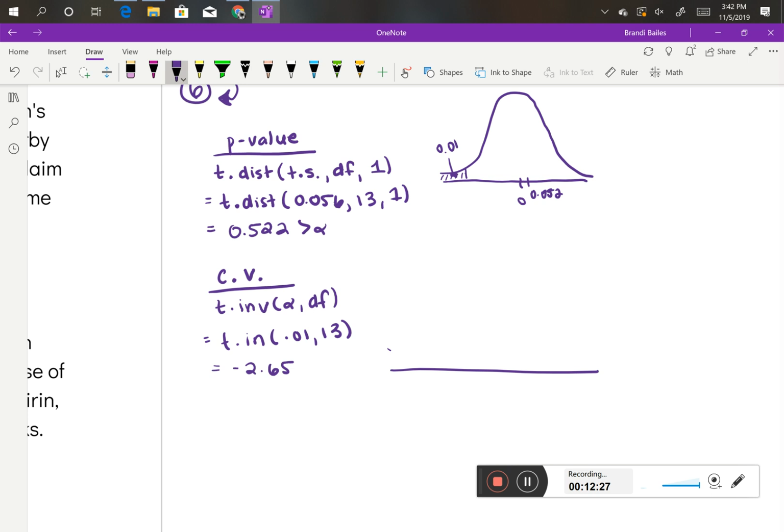And for this picture, we know 0 is in the middle. I have an area over here of 0.01, and my critical value cutting off that area is negative 2.65. Since my test statistic is 0.0522, I know that there's no way that I fall into this rejection region on the left-hand side. So either way, I fail to reject H0.